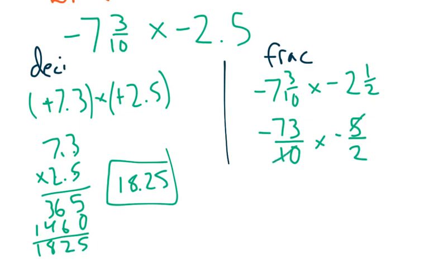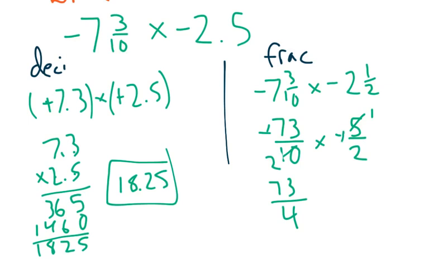Do some reducing. Here I end up getting negative 73 over 4. Oh, and then since I have 2 negatives, those become positive, so that negative goes away.